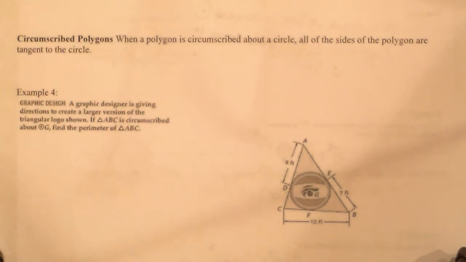A graphic designer is giving directions to create a larger version of the triangular logo shown. If triangle ABC is circumscribed about circle G, find the perimeter of triangle ABC. Alright, hold on, I need to take a second to look at this and digest it.